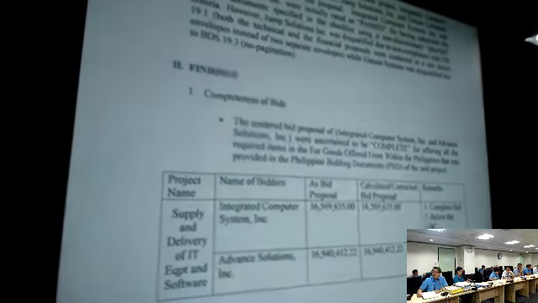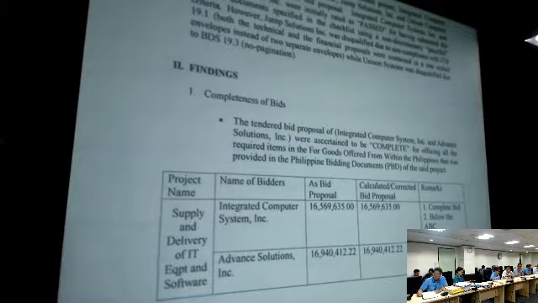So, for our findings, I'll just go to the names of bidders who were initially rated as pass. Integrated computer system, the price is 16,569,635.